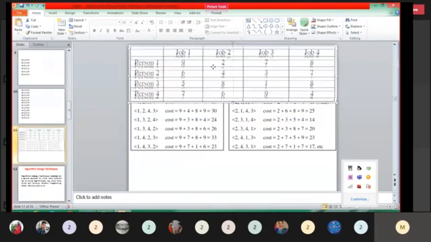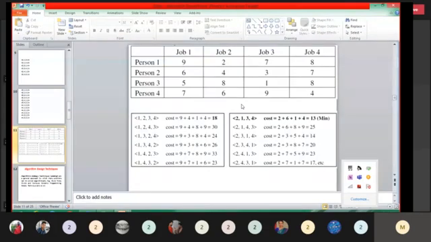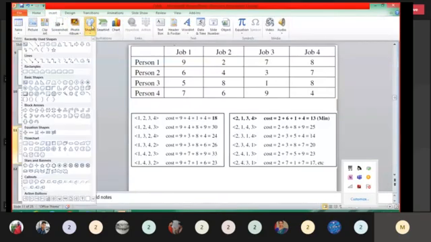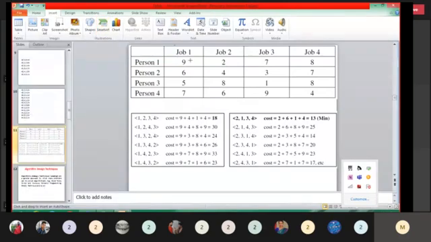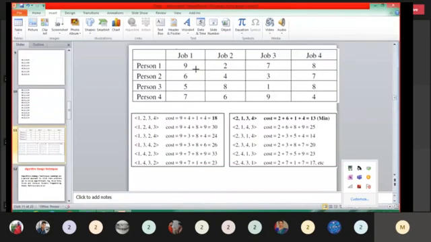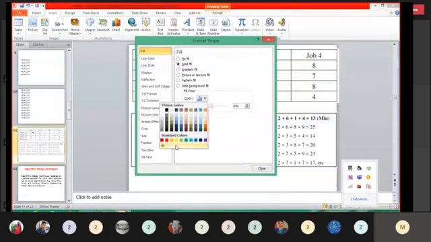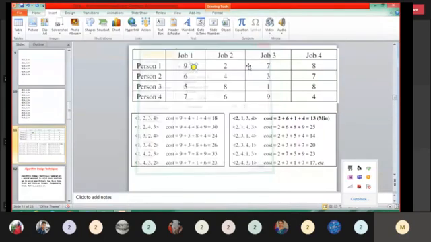Initially consider person assign this series 1, 2, 3, 4. 1, 2, 3, 4 means assign job number 1, that is 9, to person 1.